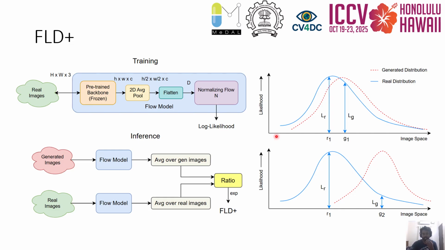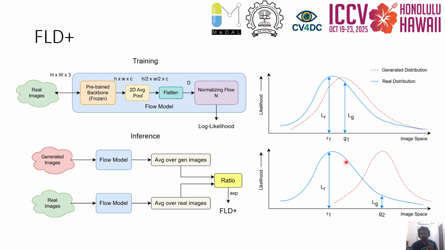The core idea is that once we train on the real data distribution, a real sample will give a very high log likelihood. If the generated distribution is similar to the real distribution, then the generated sample will also be lying somewhere near, and the log likelihood of the generated distribution will be quite similar to the log likelihood for real images.